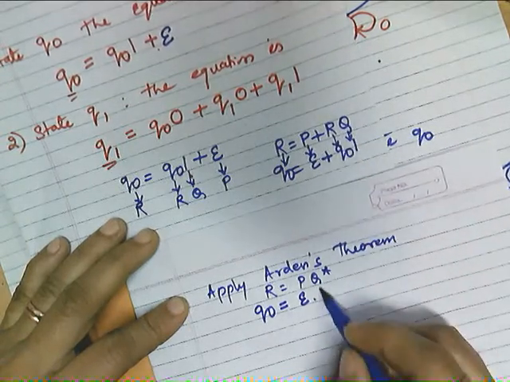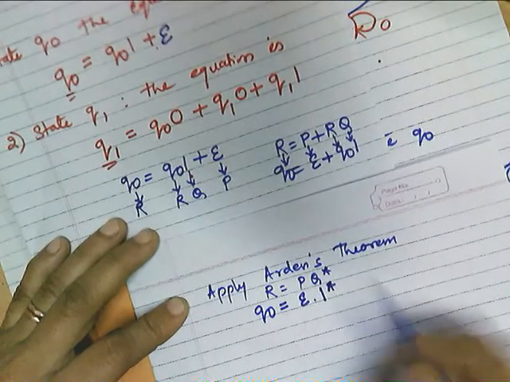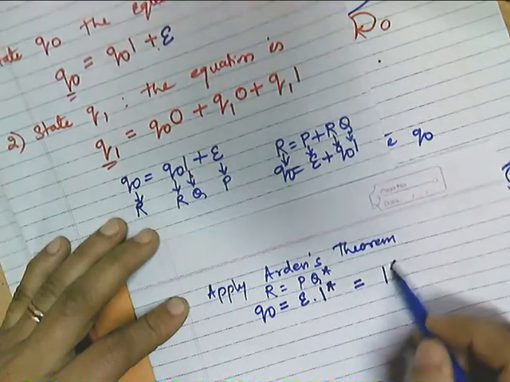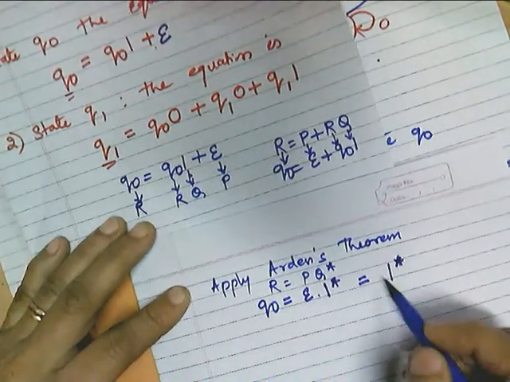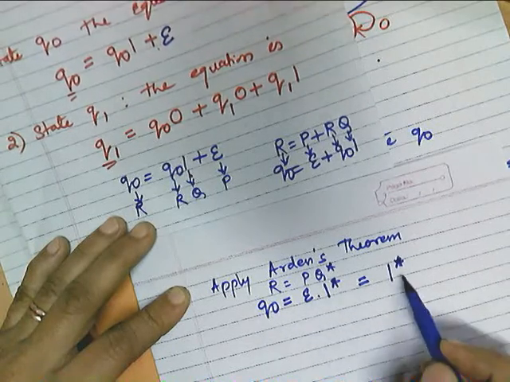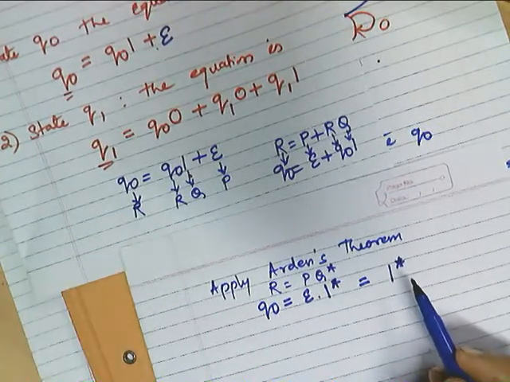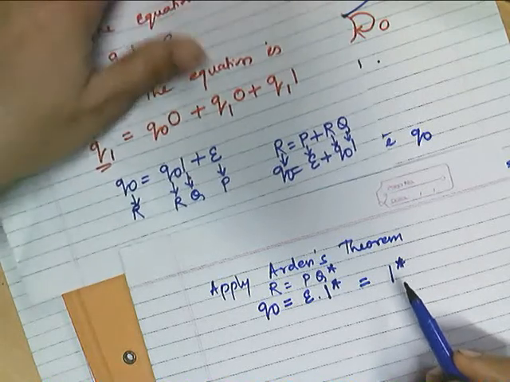My Q is 1. So 1 star. So empty dot 1 star is nothing but 1 star. Okay, so I got an expression for the state Q0 as 1 star. Now we will try to use this in the next equation.